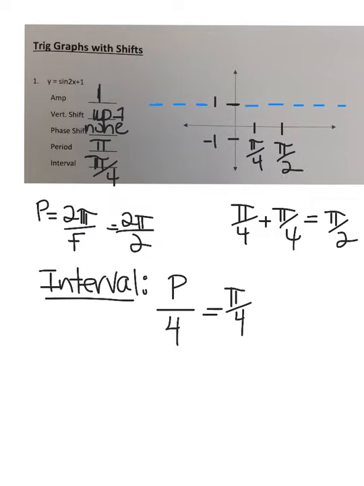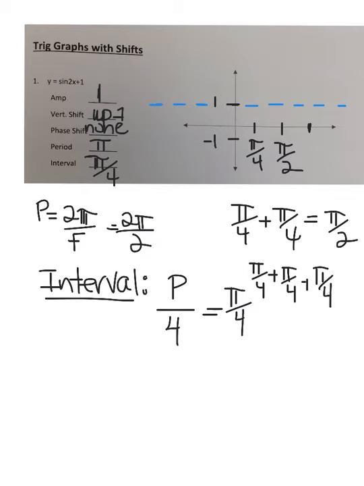All right, now remember, pi over 4 is really 45 degrees. So this is 45 degrees. This is 90 degrees. Now I'm going to go up another 45 degrees, which is going to be 135, right? And so then that's going to be pi over 4 plus another pi over 4 plus another pi over 4.